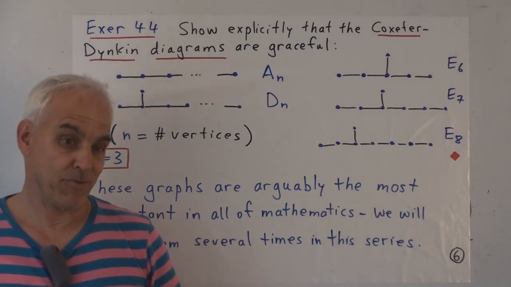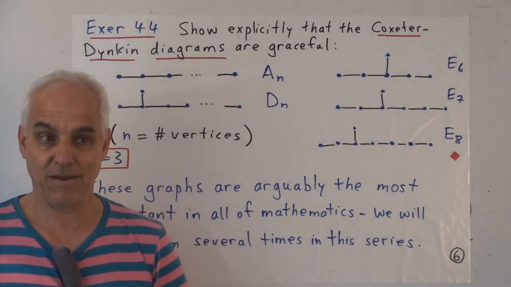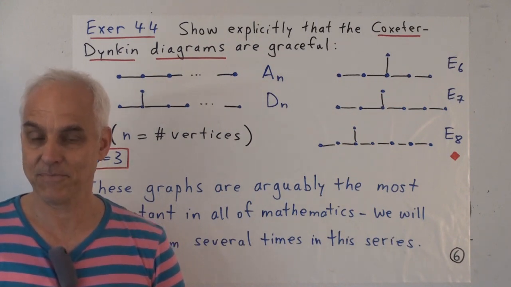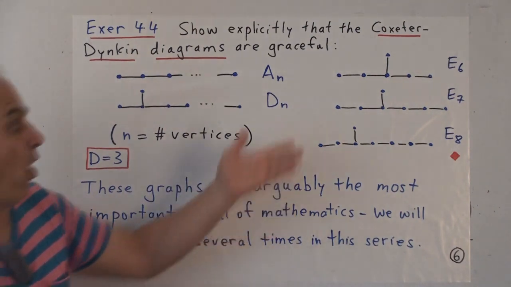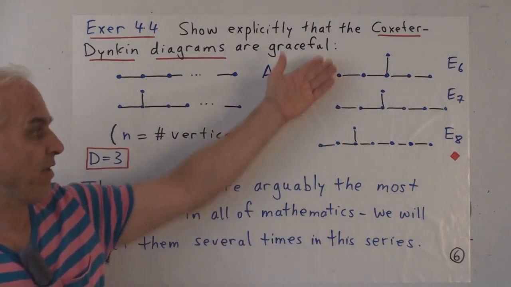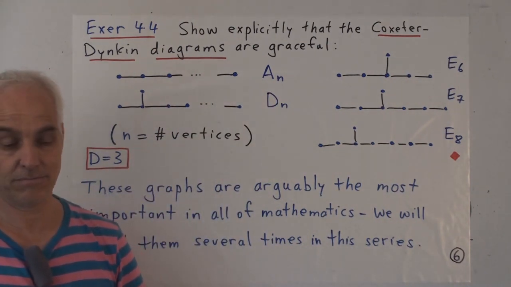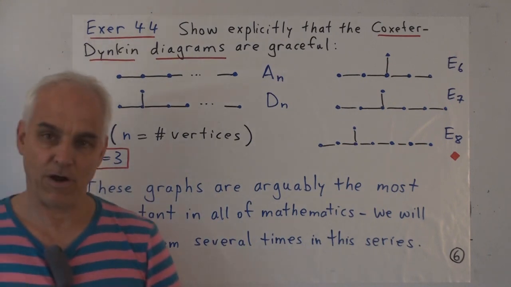And we might also say that the graceful labellings don't have to be unique. There might be many different graceful labellings. That's an additional interesting problem. Can you describe all the graceful labellings, say, for the E graphs or the A and the D graphs? I don't know what those things are. Okay, so maybe this might keep you occupied for a week or so.